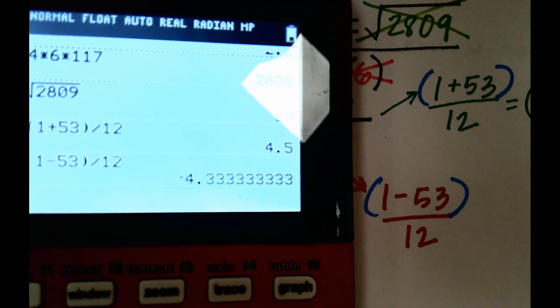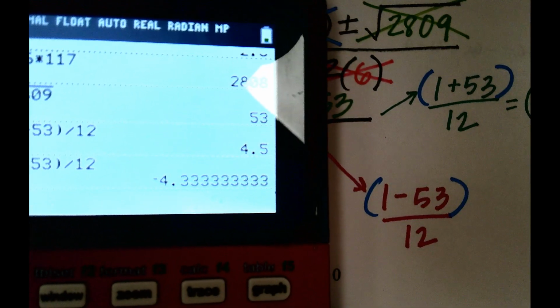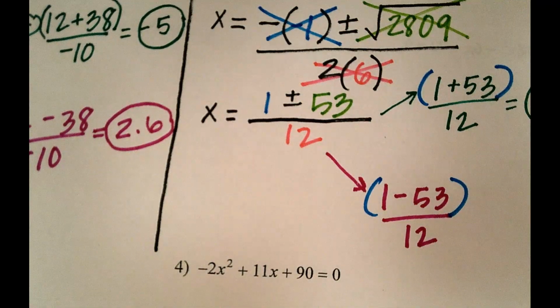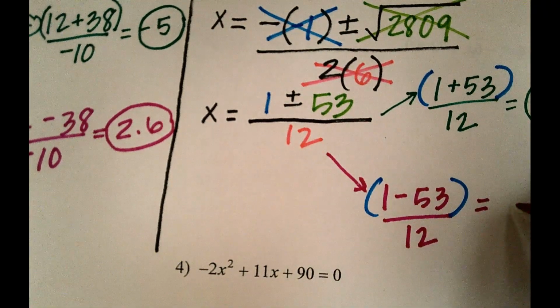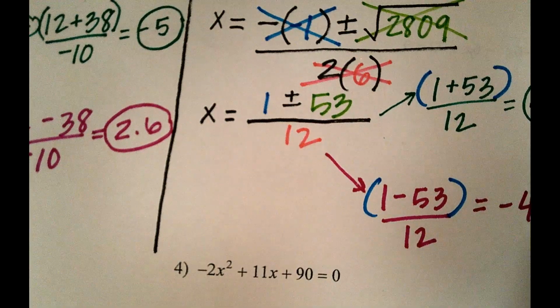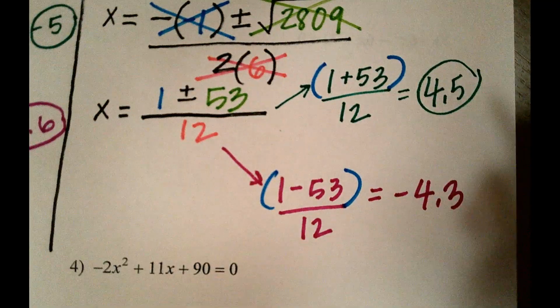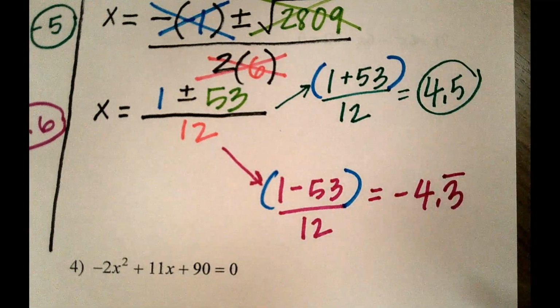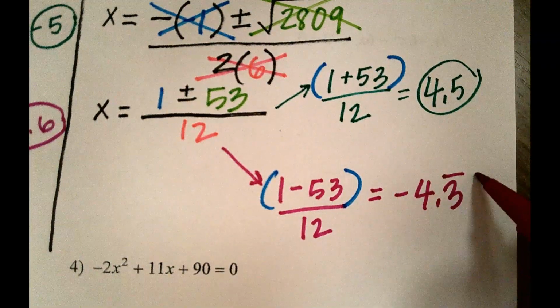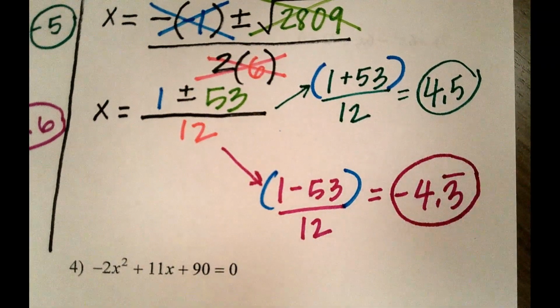Negative 4.3 repeating. Yes. Anybody remember, how do we write a repeating decimal? The line. Yeah, we just put a little line over the number that repeats, and it's 3 repeating, so I'll put a line over my 3.